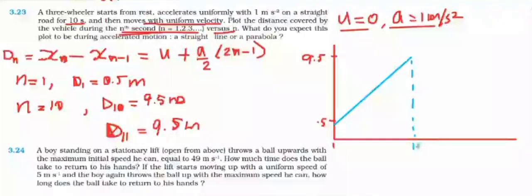Afterwards the value cannot increase because of uniform velocity. Every time d11, d12, d13 all will be 9.5 only. So the graph will be horizontal.